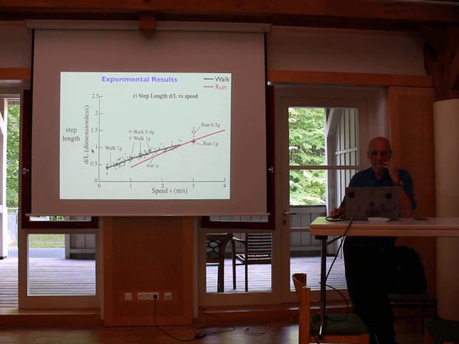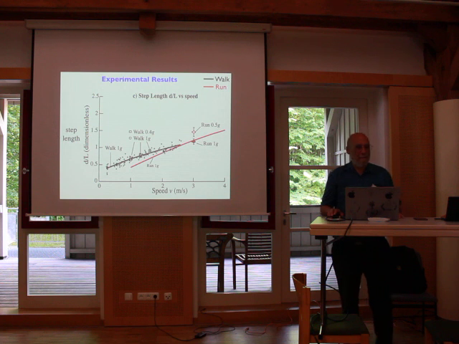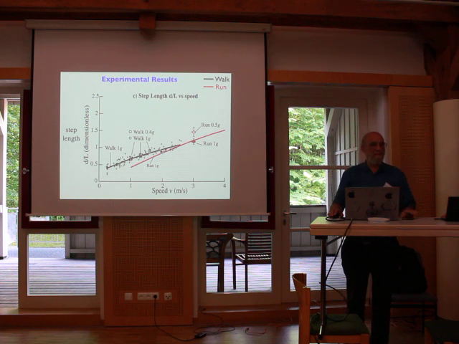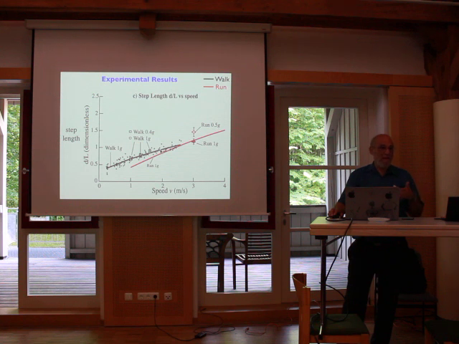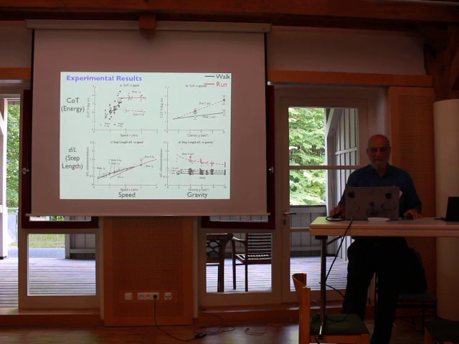How does that graph look when you normalize for gravity, like when you use Froude numbers and cost of transport? I didn't do that because it's too confusing. The right way to normalize cost of transport is by weight, not by mass, because you get a dimensionless measure. Then the running lines are approximately on top of each other, yeah.